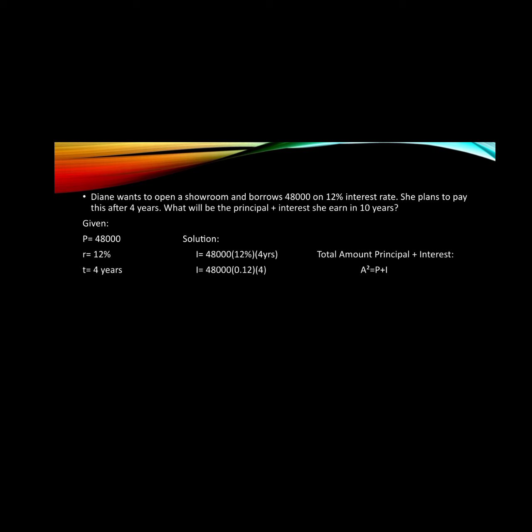So the solution is: interest is equal to principal times rate times time. So the interest is equal to 48,000 times 12% times 4 years.